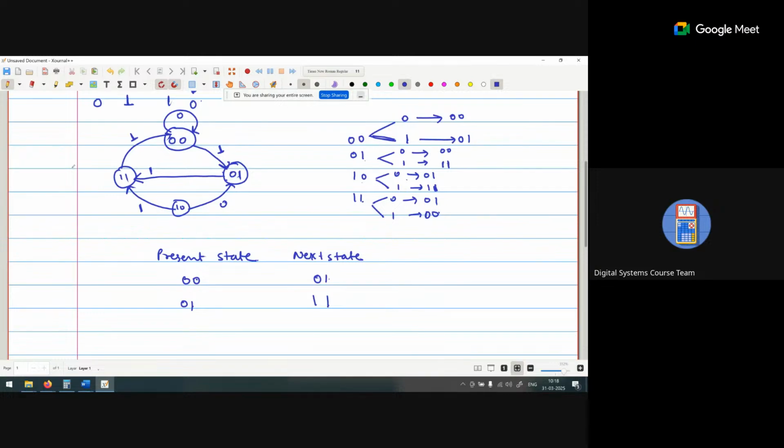Now after the 1 1, the next state is 0 0.